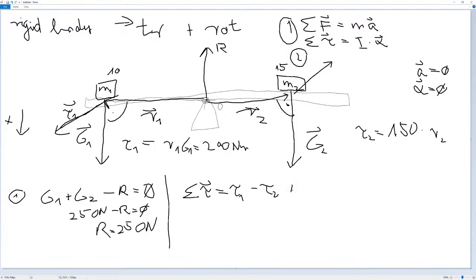What is the force? Whether it's plus or minus doesn't matter. What is the torque that comes from the reaction force? You see here we have R1 times F1.